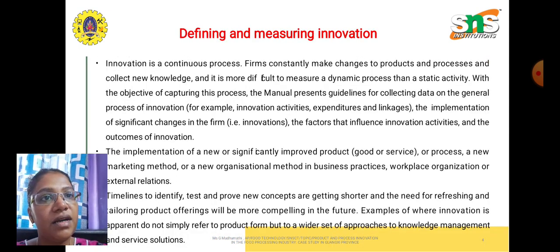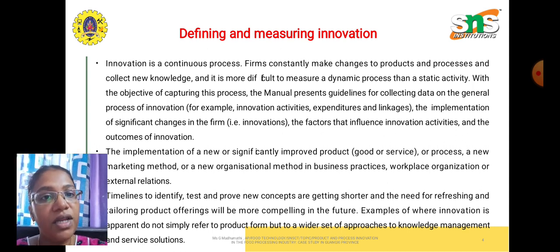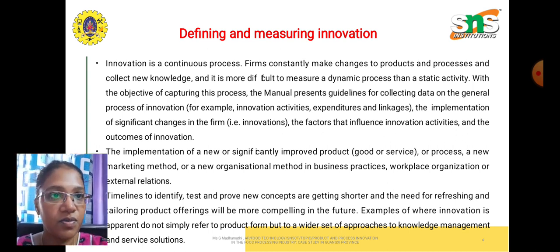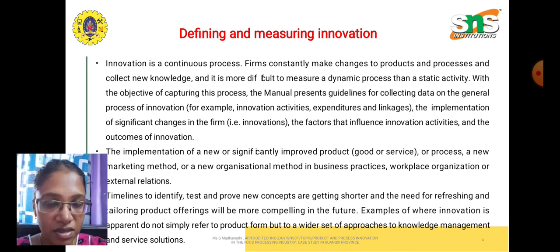So, defining and measuring innovation first. We all know innovation is a continuous process. Here the firms continuously make changes to products as well as processes in order to gain new knowledge, and it is more difficult to measure a dynamic process than a static activity.